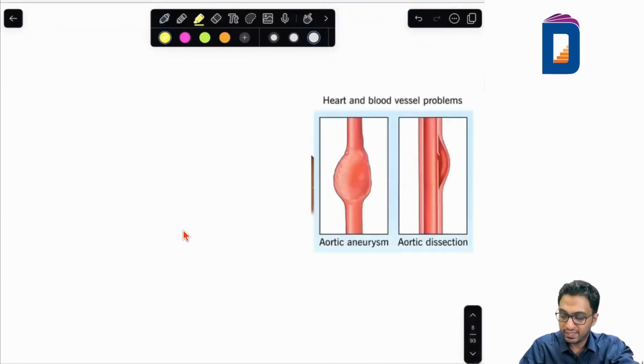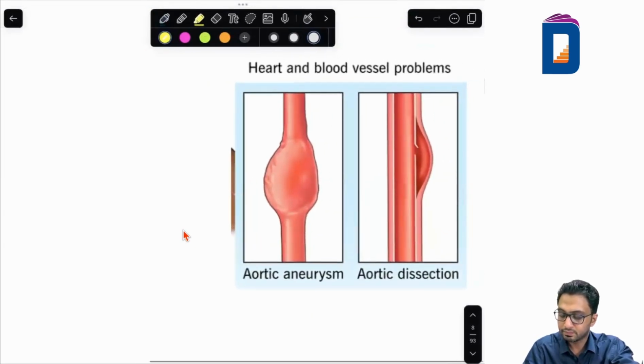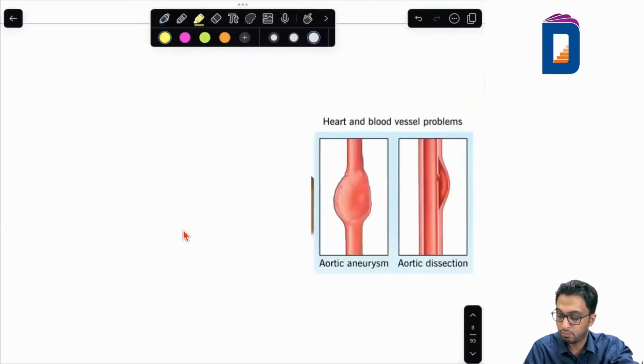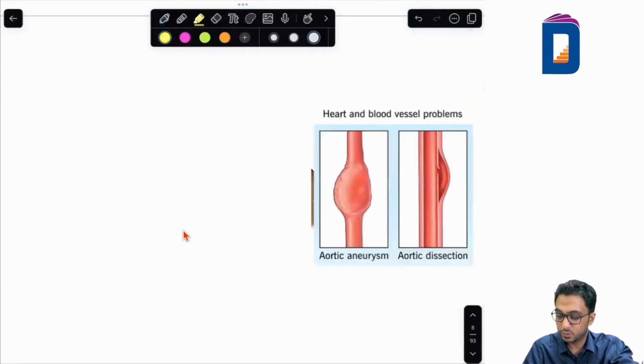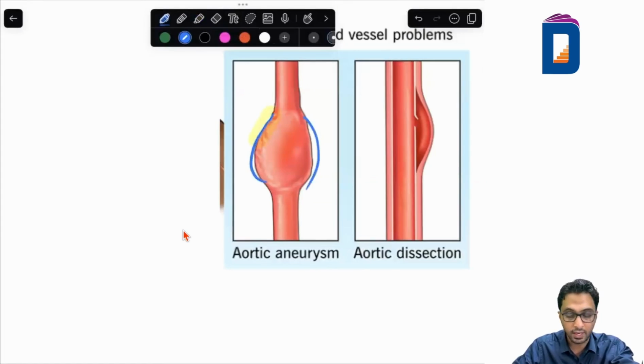I'll first discuss the points on Marfan syndrome. There's a picture also; I'll show you that. Basically, this is your aortic dilation, the dilation of the aorta, and a little bit more dilation is called an aneurysm.